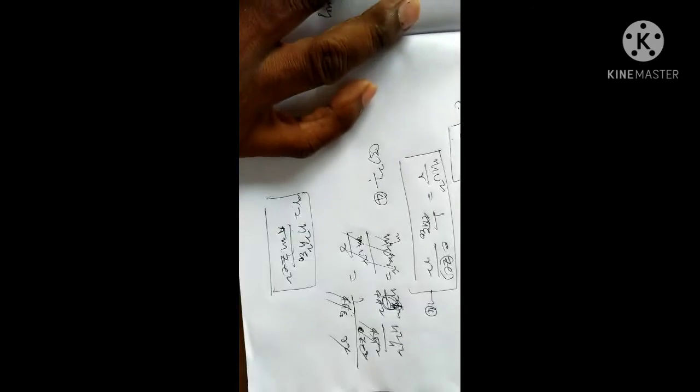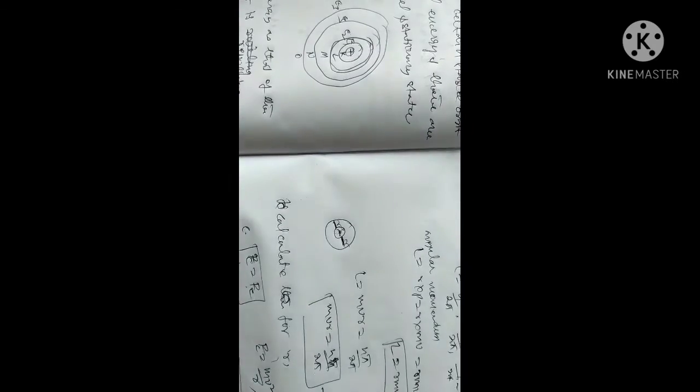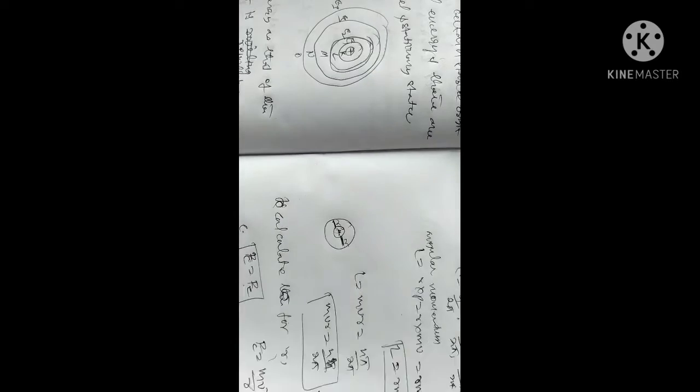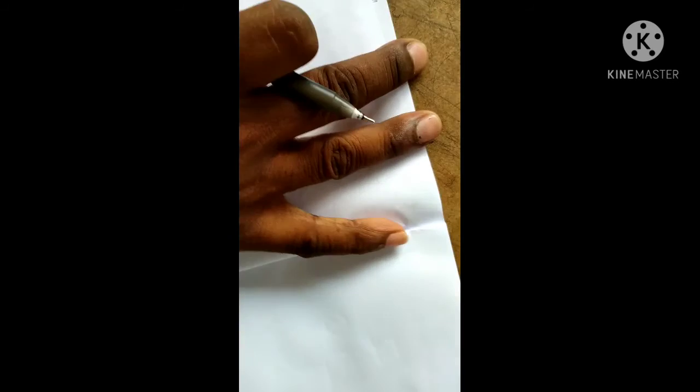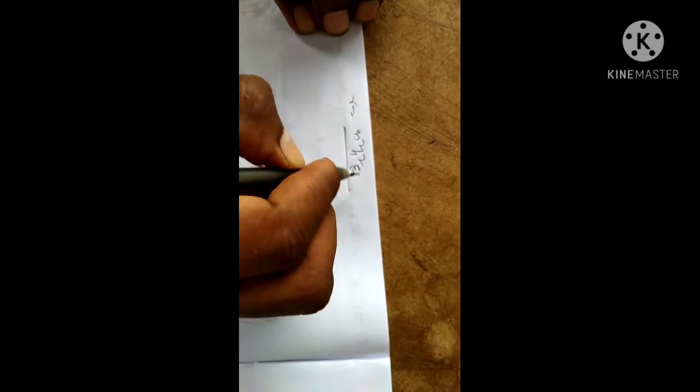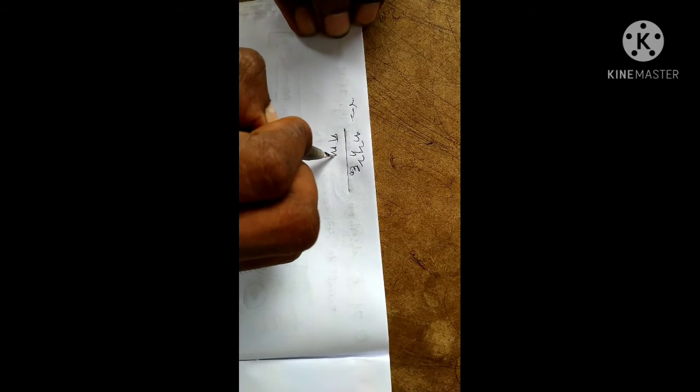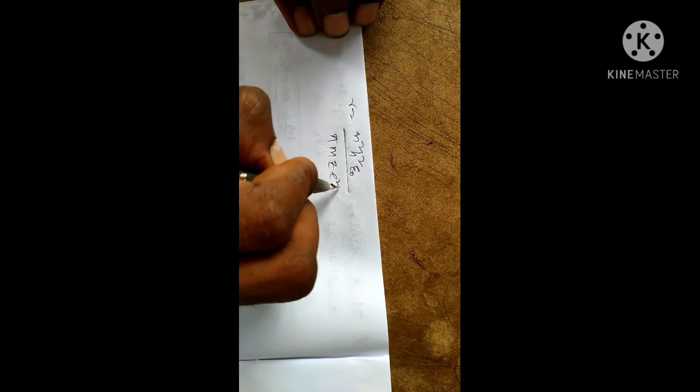Now we can get it like this. Okay, you know the values. R is equal to n square h square epsilon naught divided by pi m z e square.